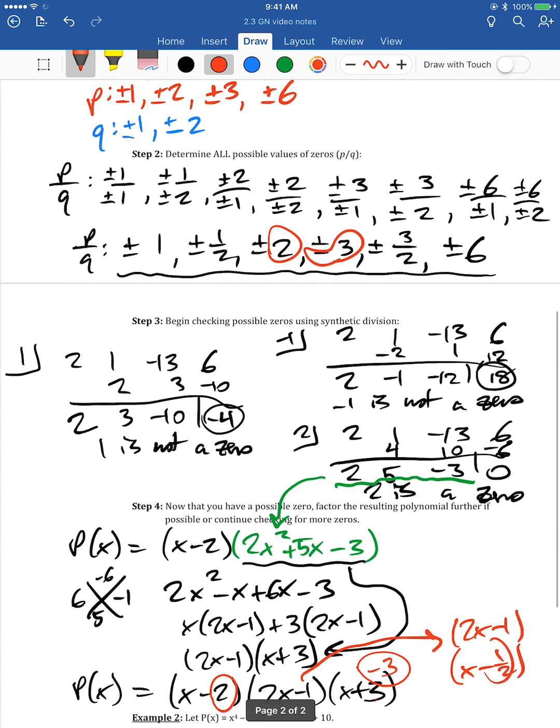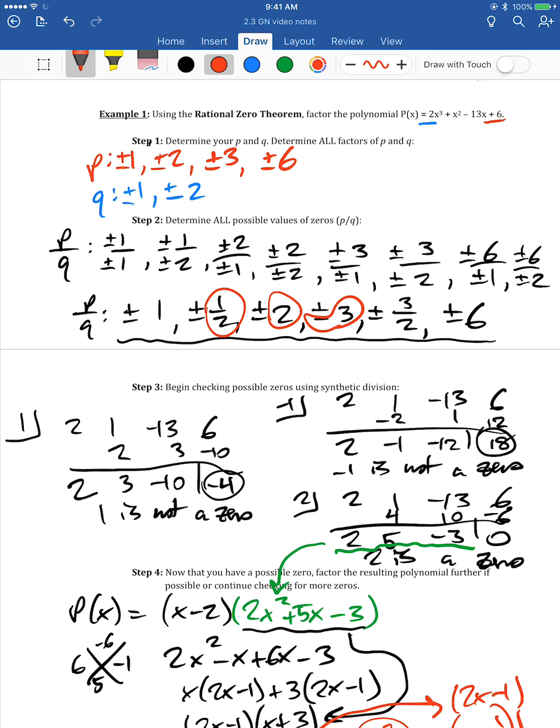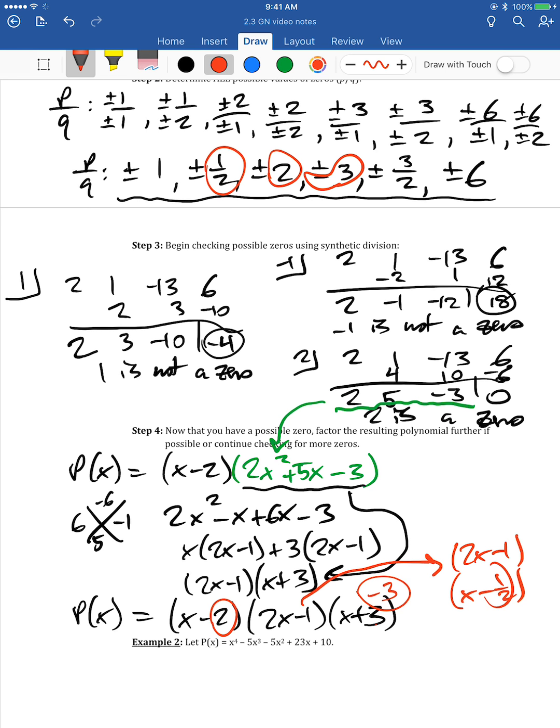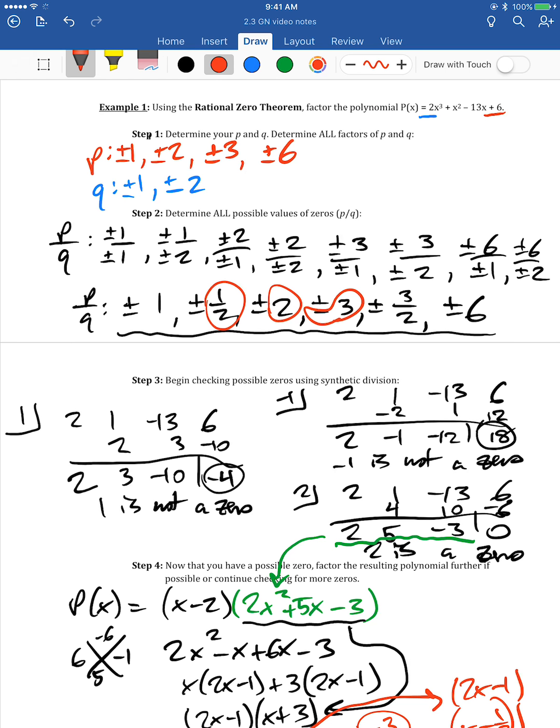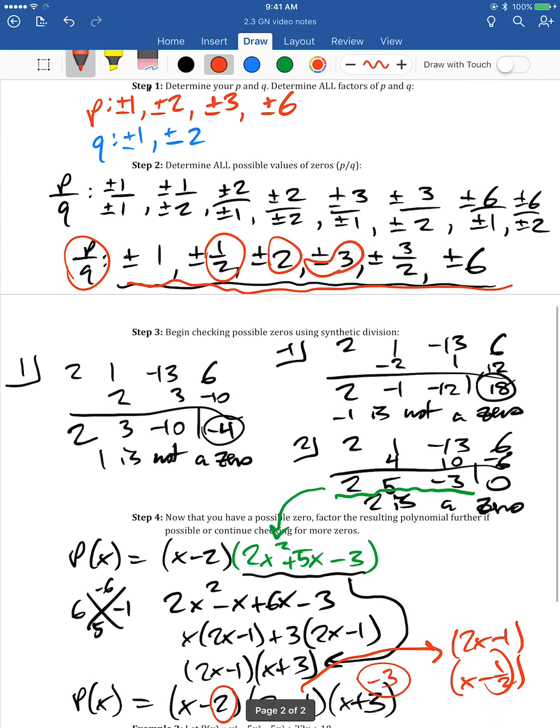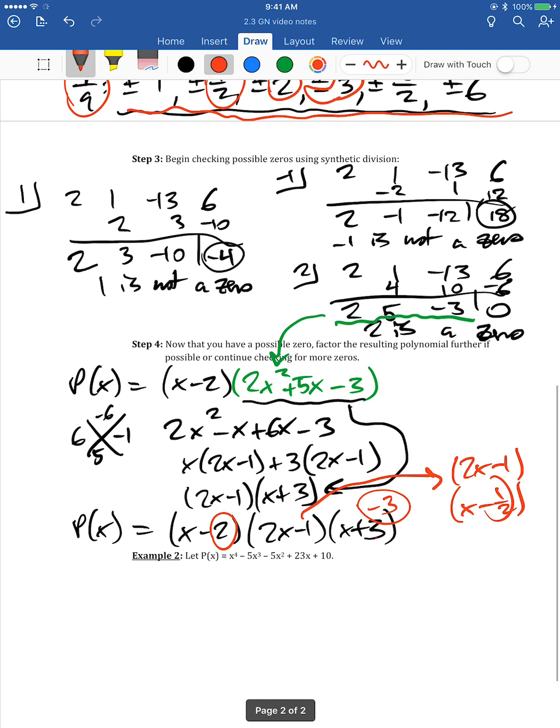So 1 half is our 0 here. So the rational zeros theorem, in this case, this polynomial has all rational zeros. That means all of our zeros were in the form p over q, and they were all included in this list here: 1 half, 2, and negative 3.